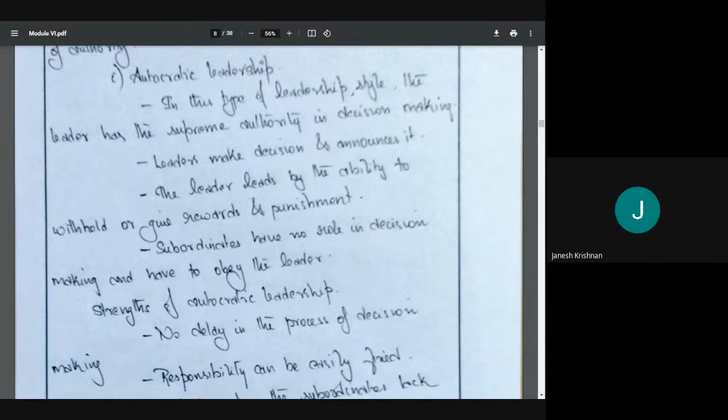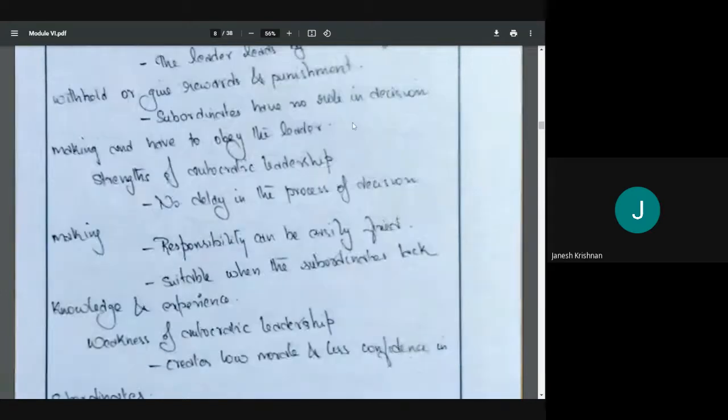And what are the strengths of this autocratic leadership? The strength is no delay in the process of decision making. Decision making is quick because a single person is making the decision. We know decision making is a tedious process, because we have to consider and evaluate all the alternatives and then select the best among them, taking into account the input from other people.